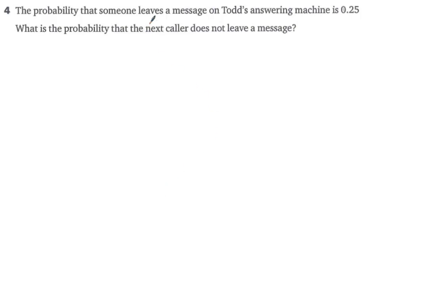The probability that someone leaves a message on Todd's answering machine is 0.25. What is the probability that the next caller does not leave a message? All right, let's write here. Probability leaves a message is 0.25.